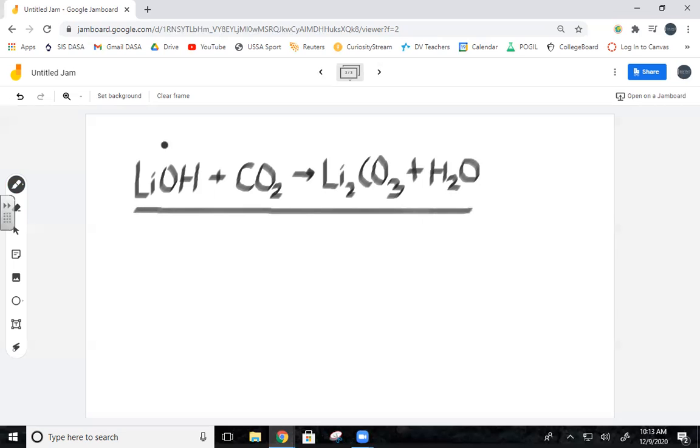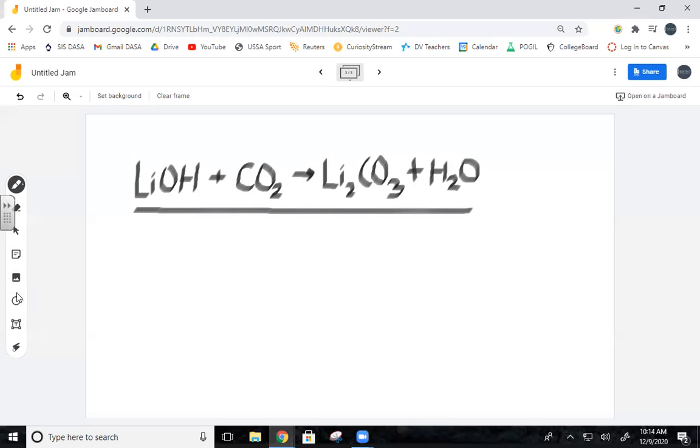Lithium hydroxide combined with carbon dioxide makes lithium carbonate and water. Okay? So we need to figure out the limiting reactant, but first we need to be told how much there is of stuff.